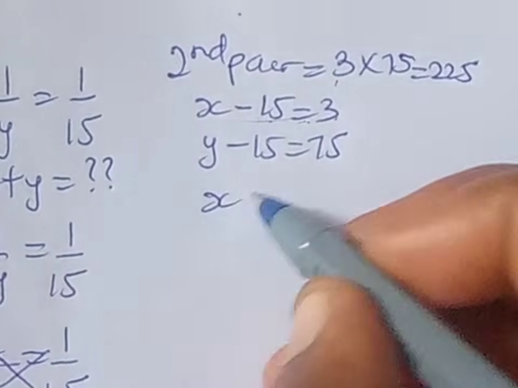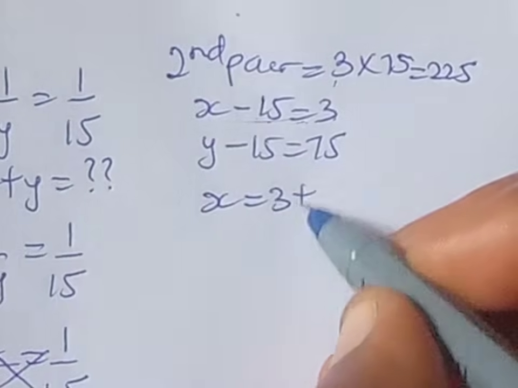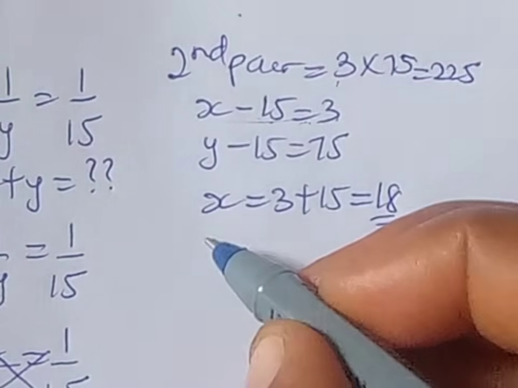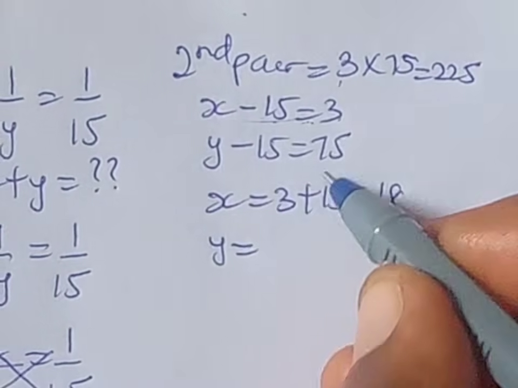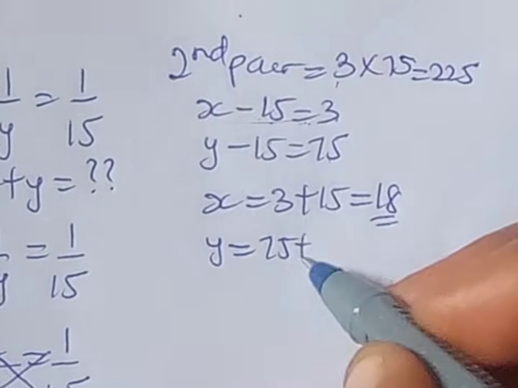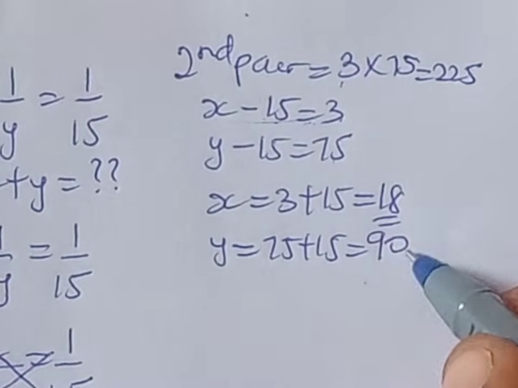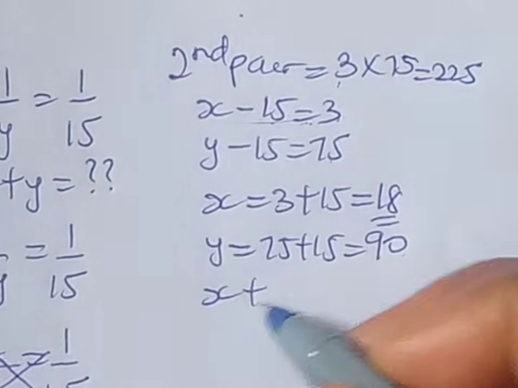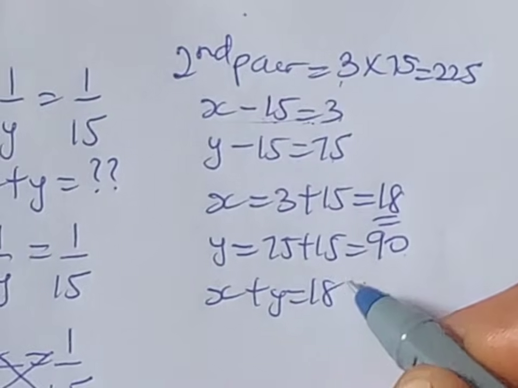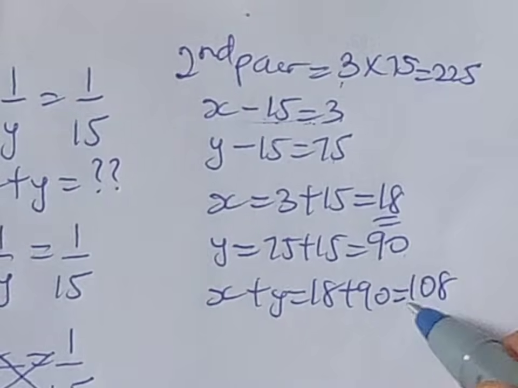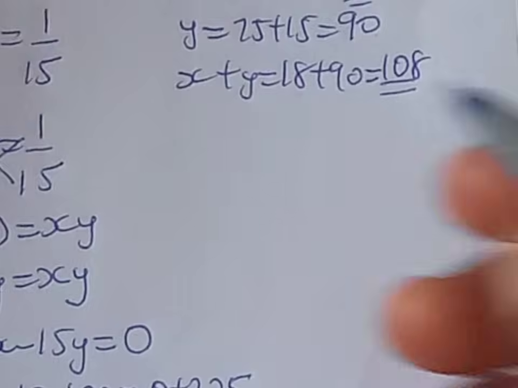That is, x equals 3 plus 15, which will give us 18, and y equals 75 plus 15, which will give us 90. So our second pair, x plus y equals 18 plus 90, which will give us 108.